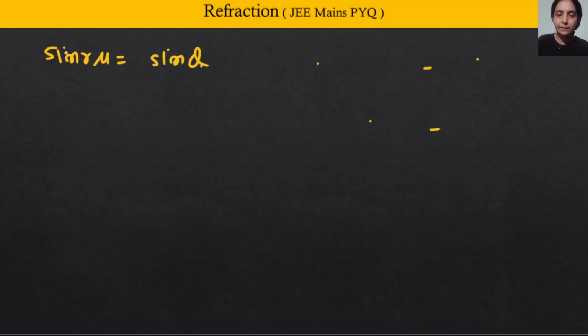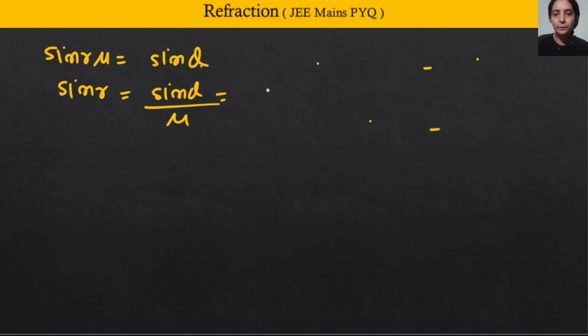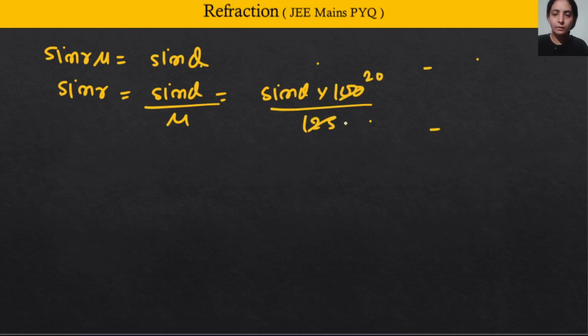And we are interested in what? Sin r. So sin r is equal to how much? Sin theta by mu. And mu is how much? 1.25, right? So sin theta into 100 by 125. So this will again become how much? This will again become 4 by 5, right? So this is 4 by 5 sin theta. ओके, sin r.